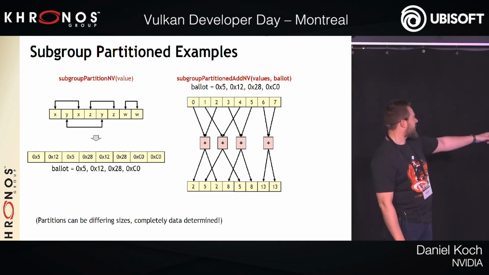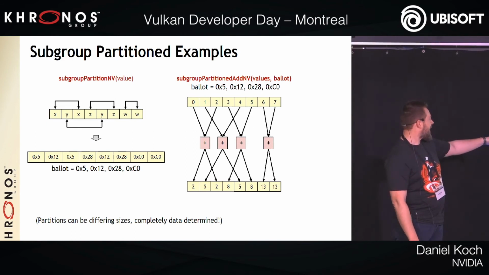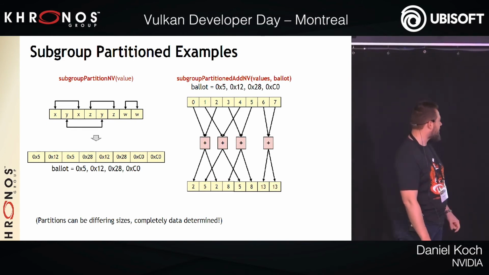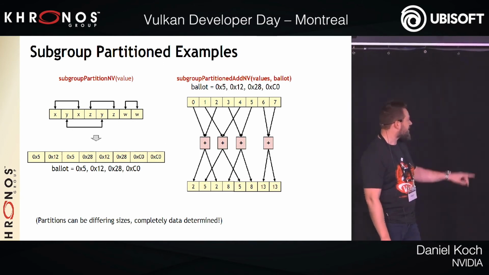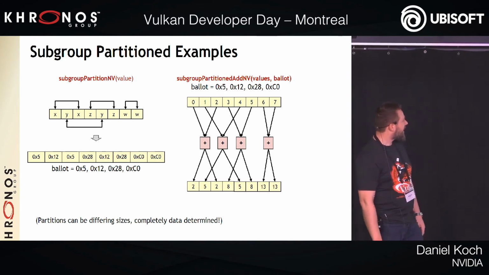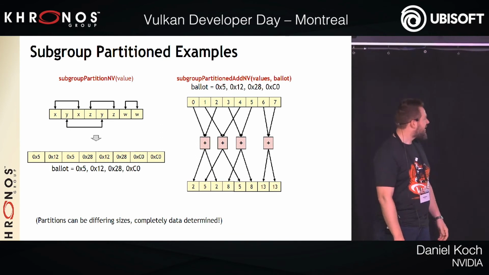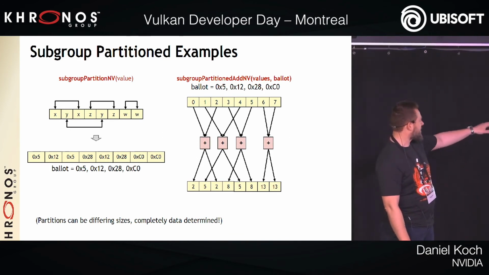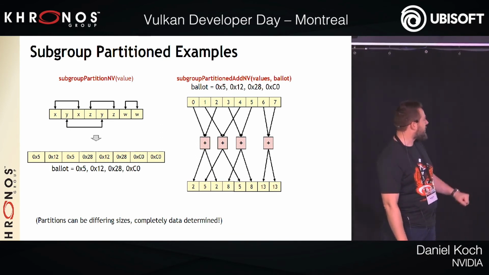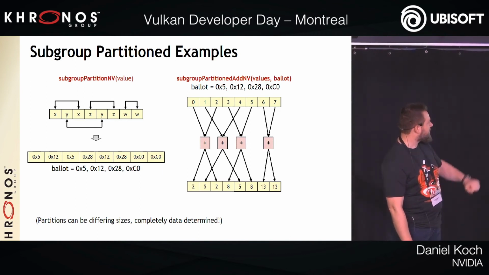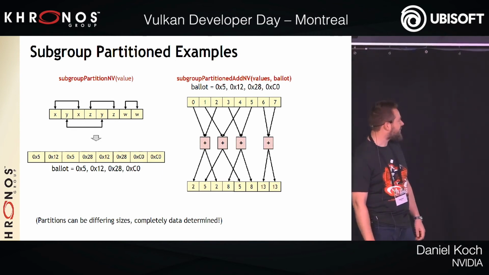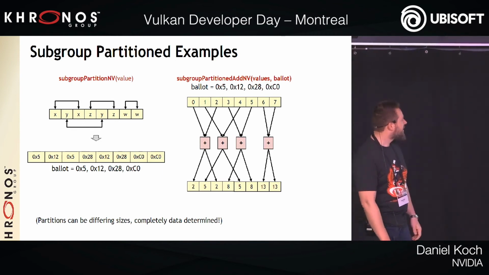And so the ballots that'll be returned from this are going to be, in hex, 5, 12, 28, and C0, based on the grouping there. And if you do a subgroup partitioned add, and then you pass in the result of the ballot call from that operation, those are going to be the pairs of invocations that operate in that calculation.